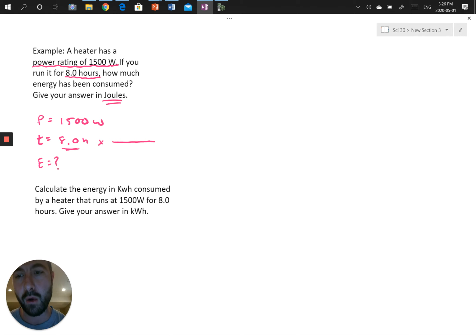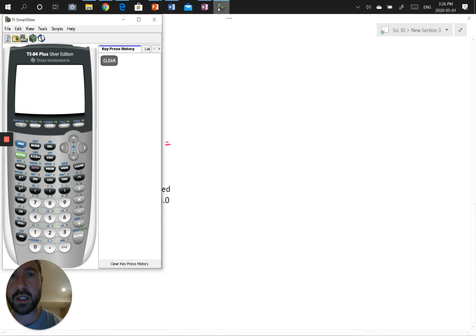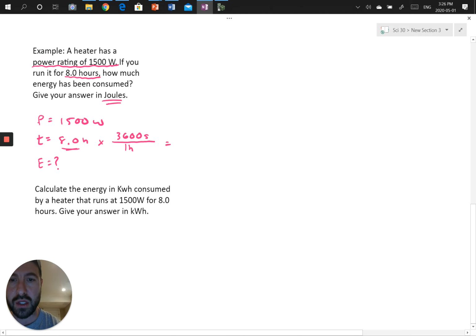So we can take hours and change it into seconds by multiplying by 3,600 seconds. So that's 60 times 60 is 3,600 per 1 hour. So we're going to take 8 and multiply it by 3,600. So I'm going to take my trusty calculator and do that. 8 times 3,600 equals 28,800 seconds.